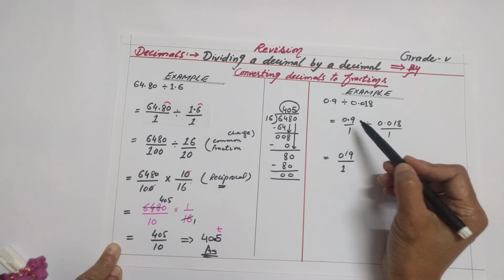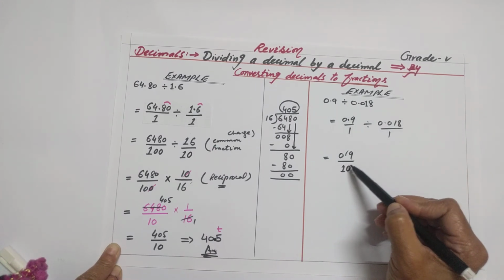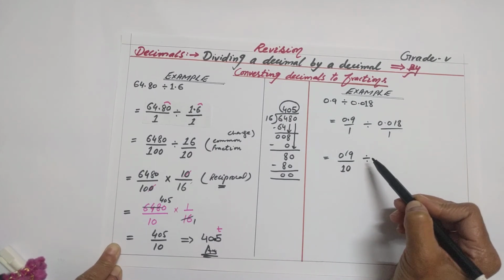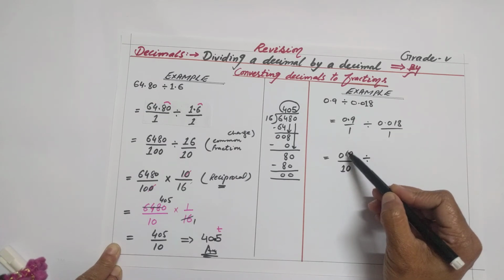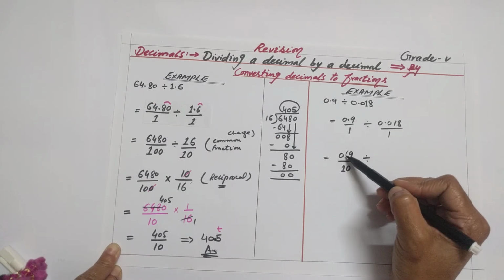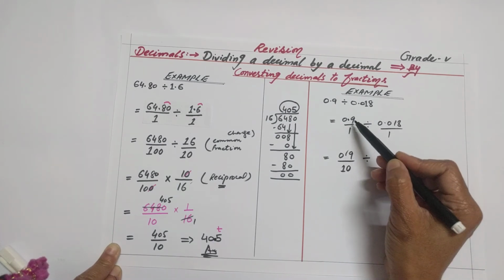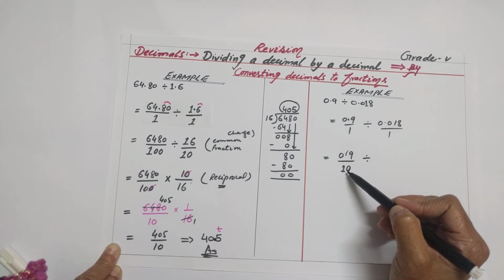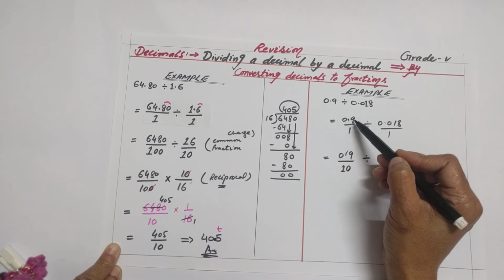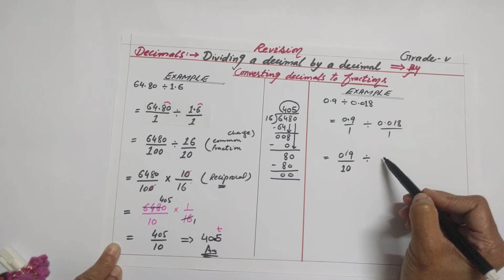As here we have only one digit, so we will put 10. Here I am using this cross just to tell you that we are removing the decimal, and when we remove the decimal we will write the numerator as a whole, and we will put the 0 according to the digits after the decimal. Same is here.